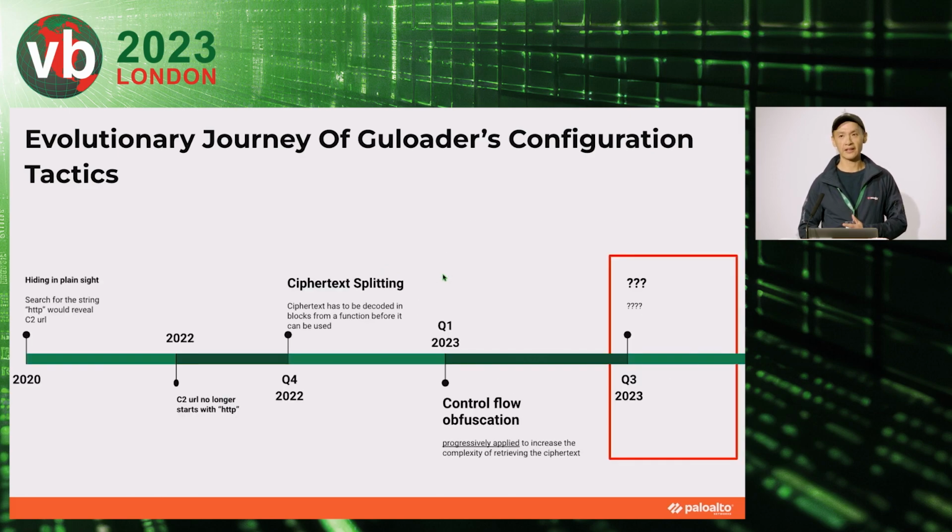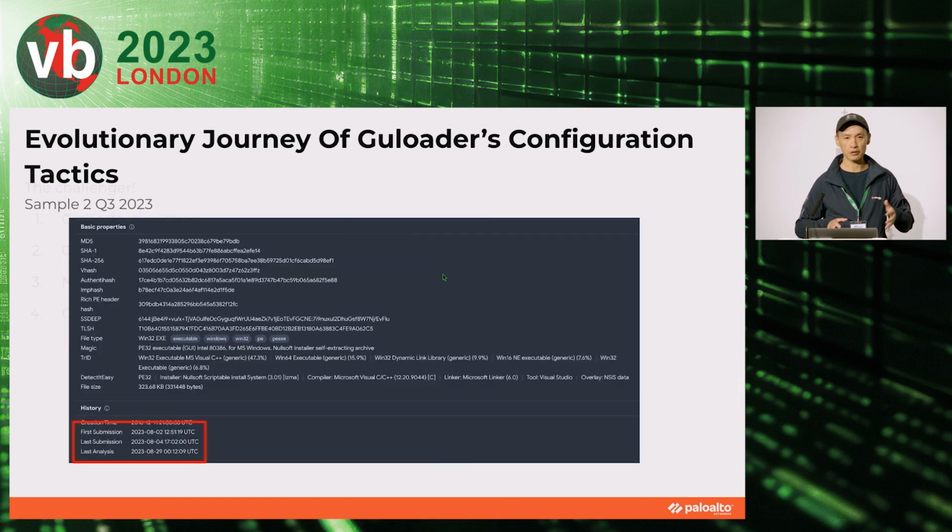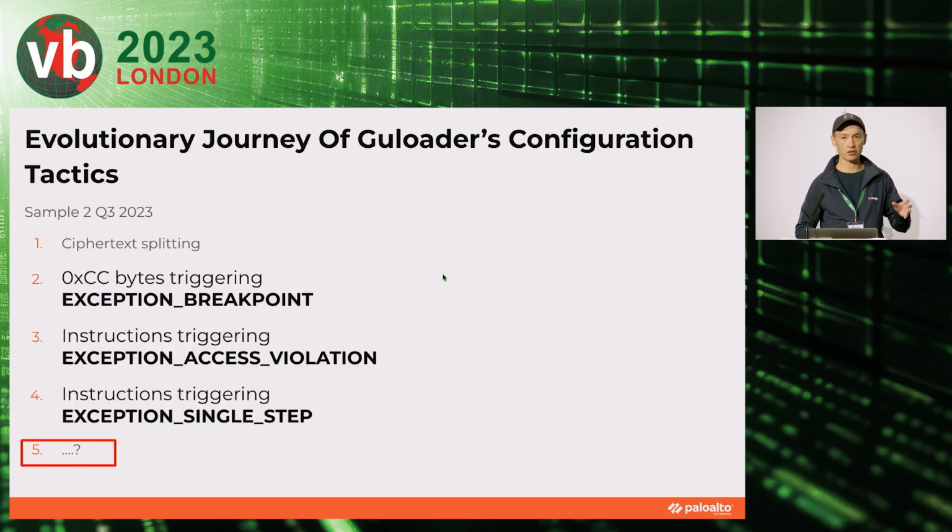But the interesting thing is that the authors of GoLoader continue to improve upon their code, and they have more tricks up their sleeves. Just when I was still preparing for today's talk, I realized that there is an even newer variant of GoLoader that was uploaded in August. There is an additional trick being used by the authors.